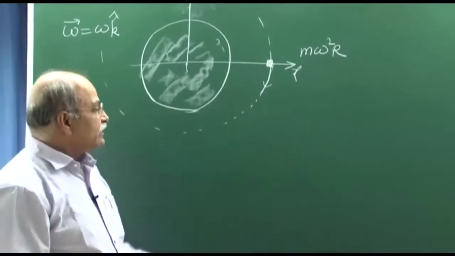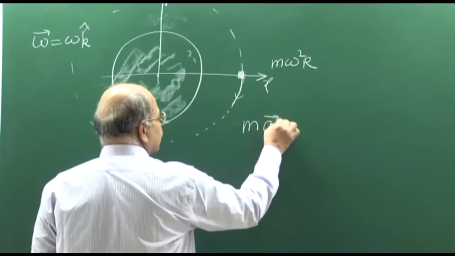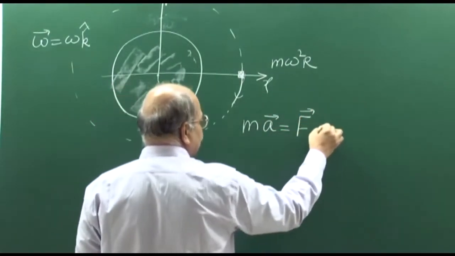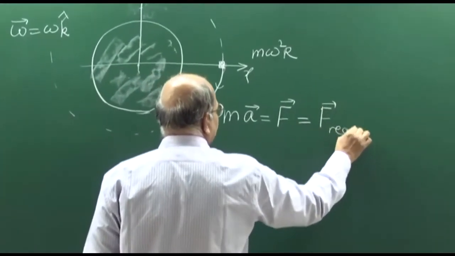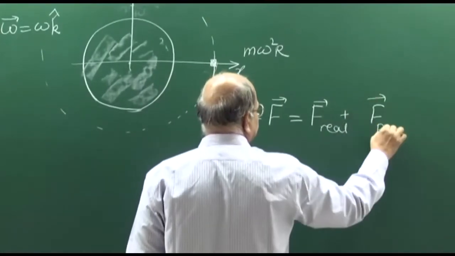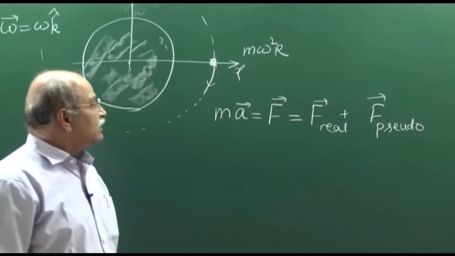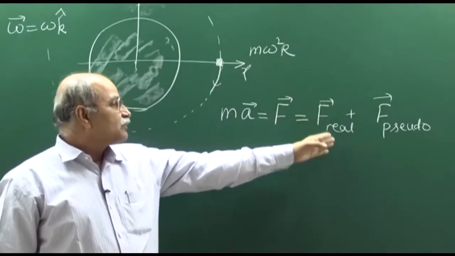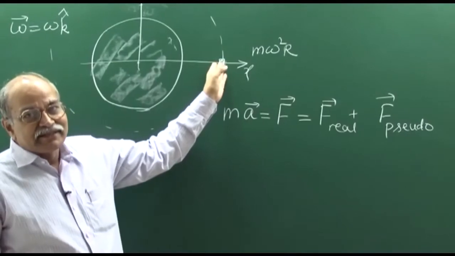So, how do I analyze it? We write mass times acceleration is equal to force, and this force we write in two parts, the actual real forces plus pseudo forces. In our case, the real forces all add to 0 because this is at rest in the lab frame, which I take as inertial frame.